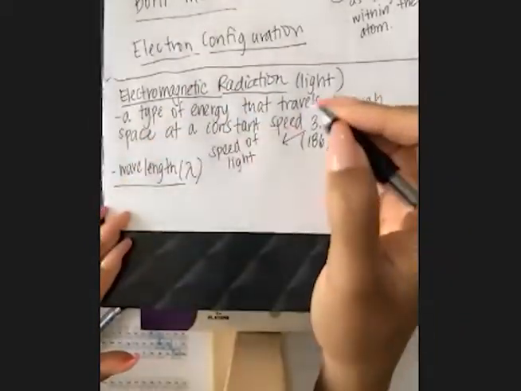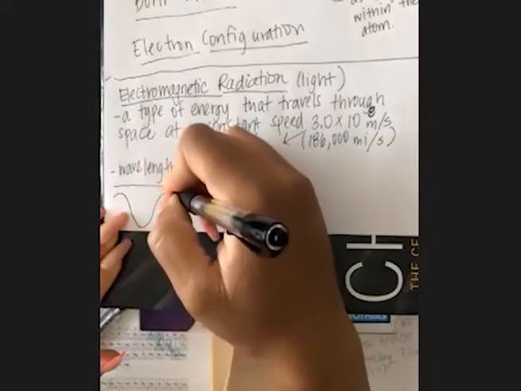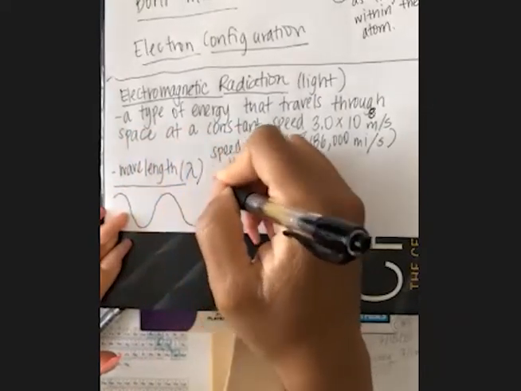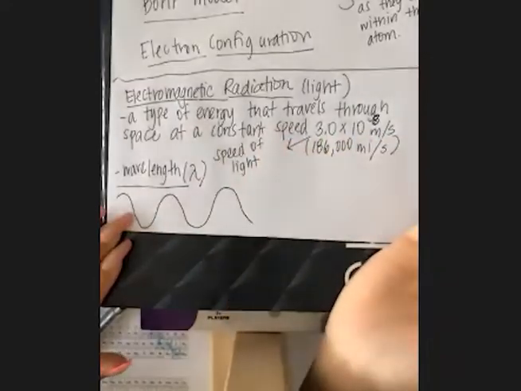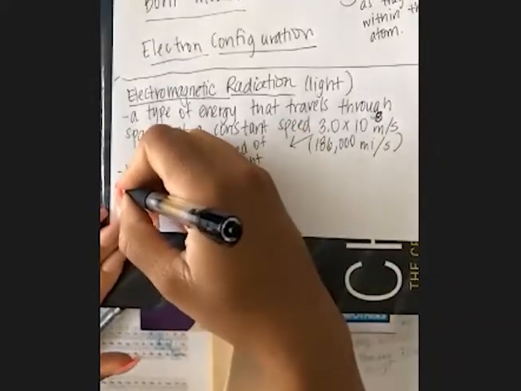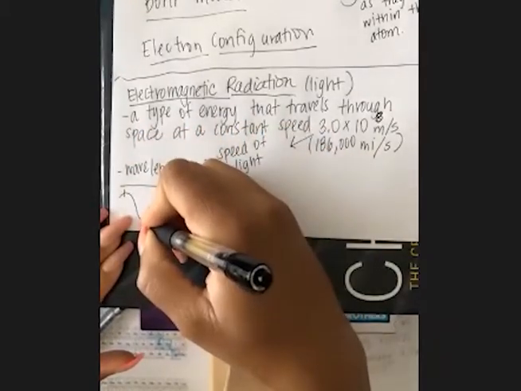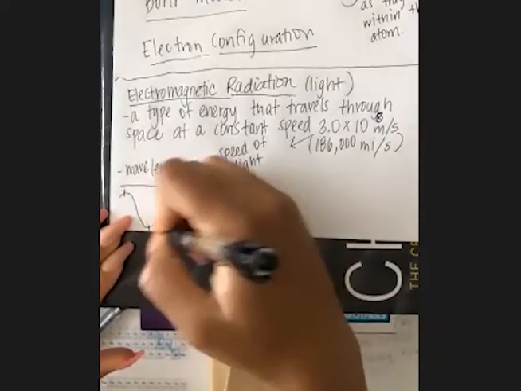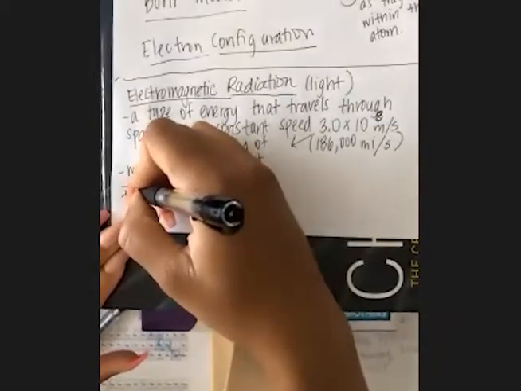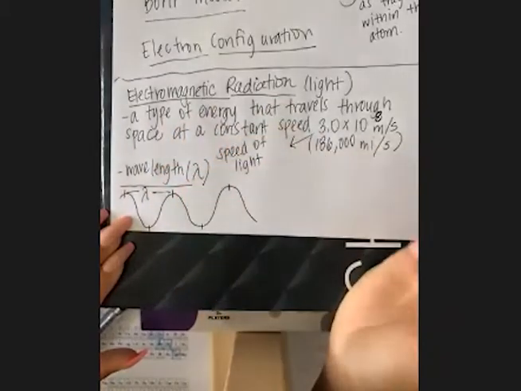If we think of light as a wave, just like a wave in the water, we think of a wave like this. The wavelength is basically the length between each peak, or we could say the length between each trough or crest. So this is considered the wavelength from peak to peak.